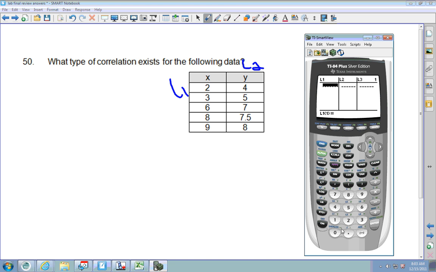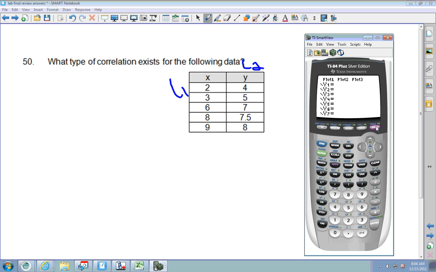Okay, so I'm going to put in there 2, 3, 6, 8, and 9. And over here I've got 4, 5, 7, 7.5, and 8.